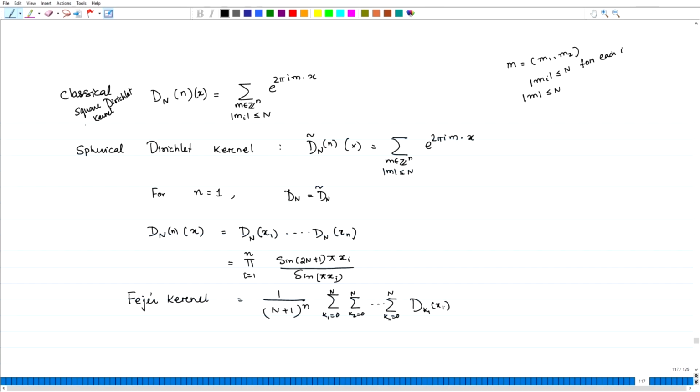This is D k 1 of x 1 to D k n of x n. This is the average of the product of the Dirichlet kernel. So that is our Fejér kernel.